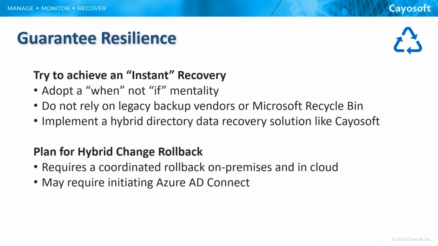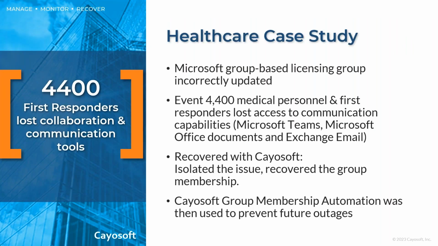Now, let me give you an example of one of our customers and what happened to them. They were in the healthcare industry. A script was executed and a group was updated. It happened to be their Office 365 licensing group that had been manually managed or dynamically managed, I can't remember which.